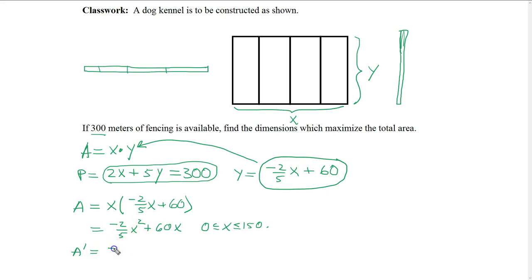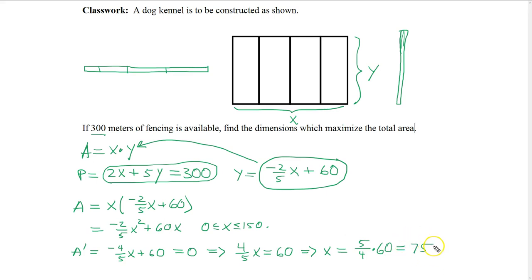So our derivative is going to be negative 4/5 x plus 60, and setting that equal to 0, that will imply that negative 4/5 x over, we're going to get 4/5 x equals 60, and that implies that x, multiplying both sides by 5/4, x will equal 300 divided by 4, that is going to be 75.